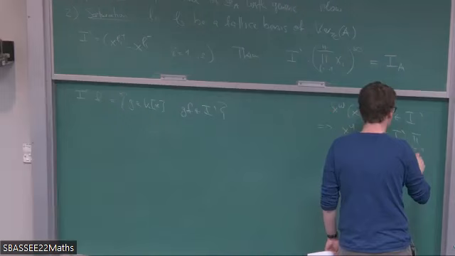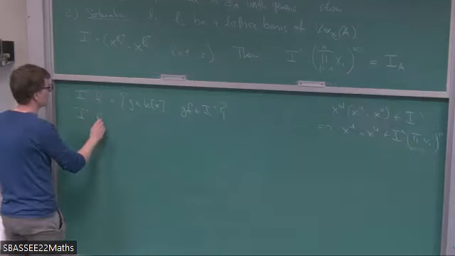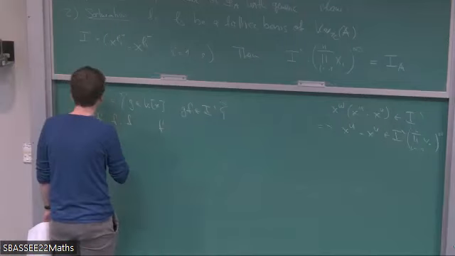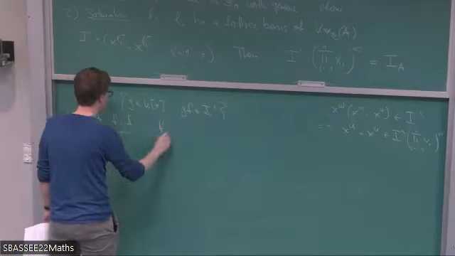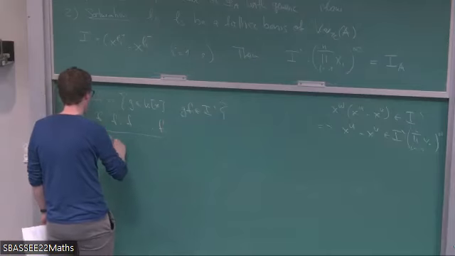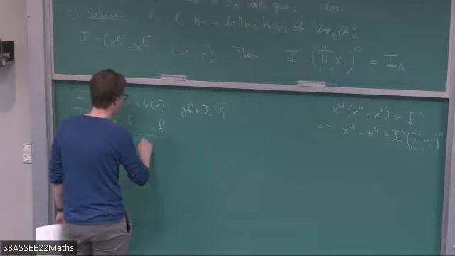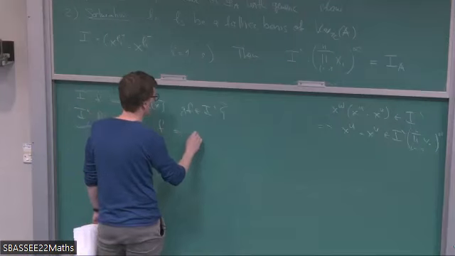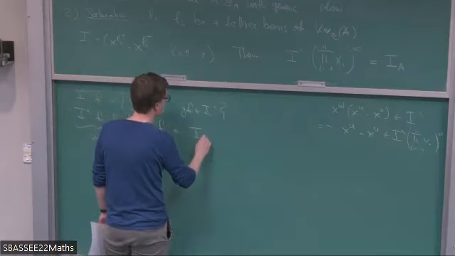Now infinity just means you keep doing that until it stops. It's a Noetherian ring. It becomes larger and larger, but at some point it stops because you can't have an infinite ascending chain. So I colon f colon f colon f colon f until it stops growing. That's the definition of I colon f to the infinity.